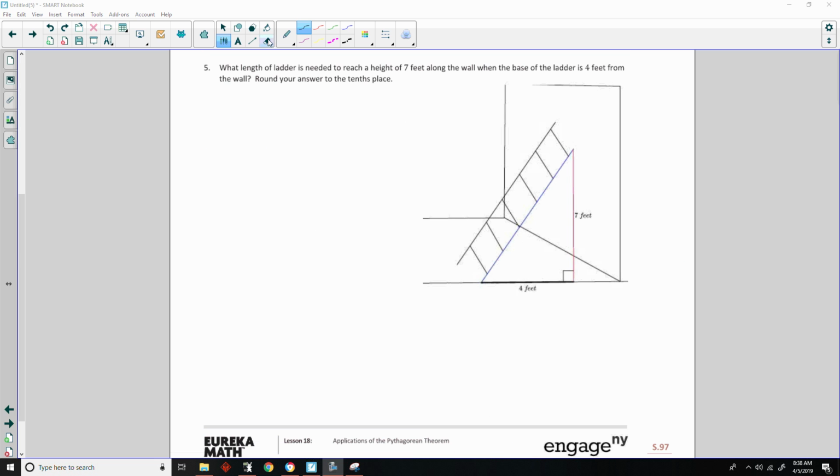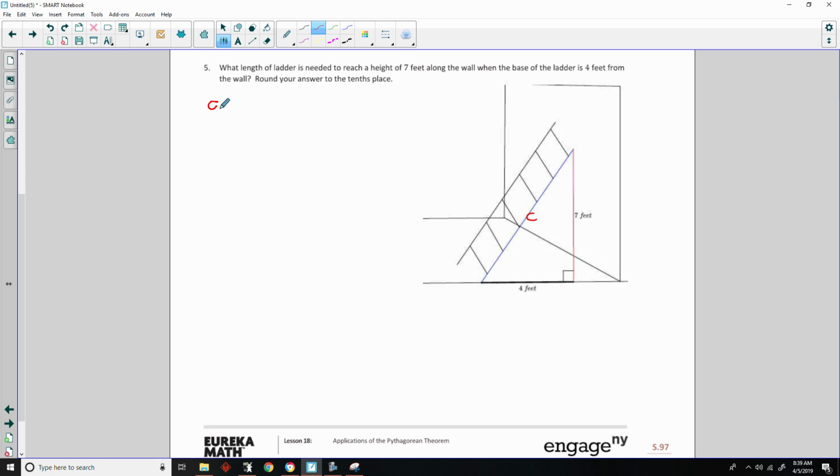Okay, number 5. What length of ladder is needed to reach the height 7 feet along a wall when the base of the ladder is 4 feet from the wall? Round your answer to the tenth place. So what this question is asking for is c, the length of the ladder.